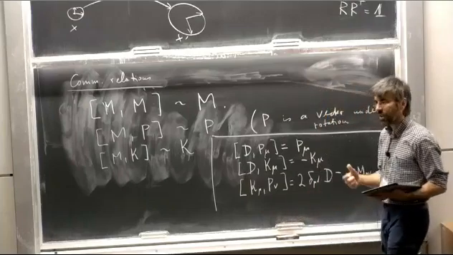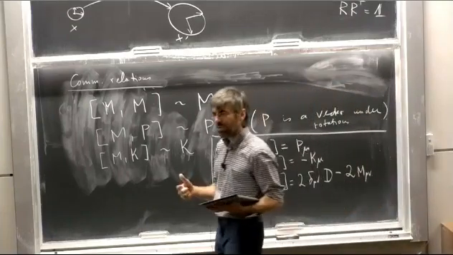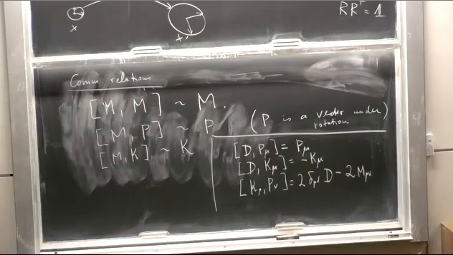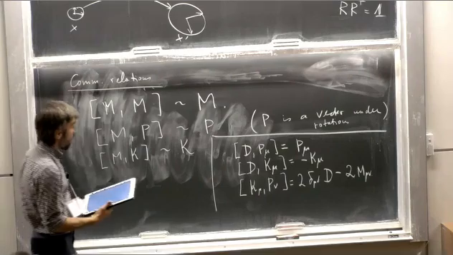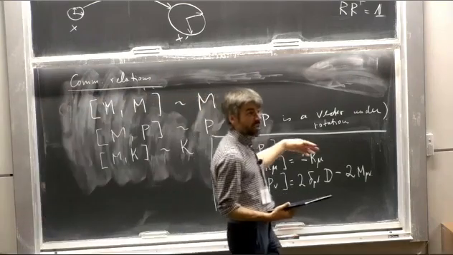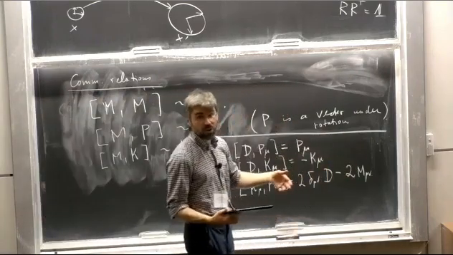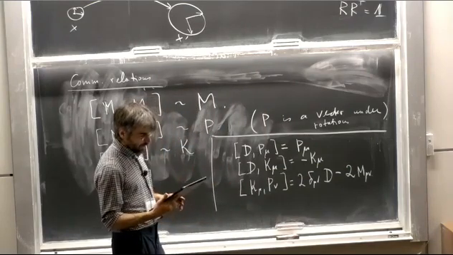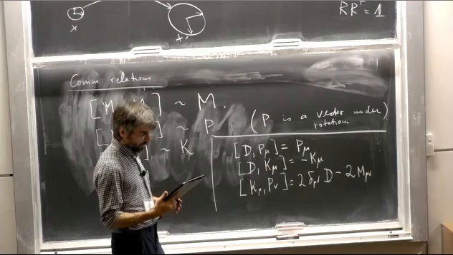Because if you act with P_mu on fields, you differentiate fields, and this raises dimension. But now we have this new generator K_mu, and if we act with it on fields, we'll be able to lower dimension. This is a non-trivial operation, and that's why it's going to become powerful.